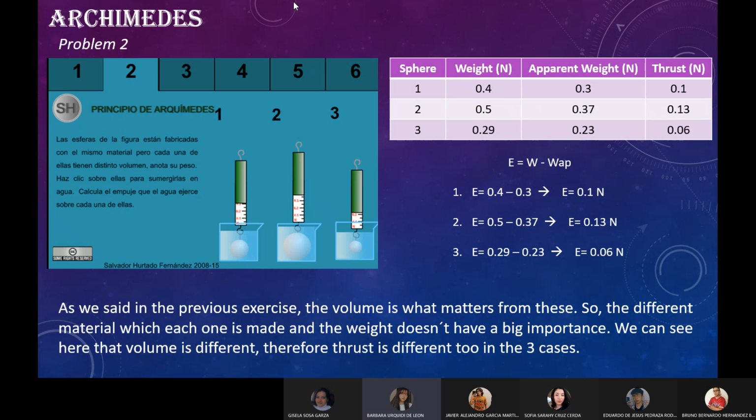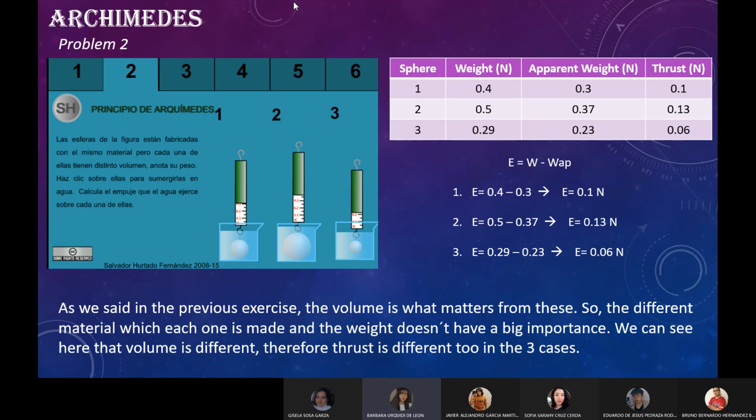Thrust is equal to weight minus apparent weight. So it gives in the first sphere that thrust is 0.1, and in the sphere 2 we have 0.13, and in the sphere 3 we have 0.06.